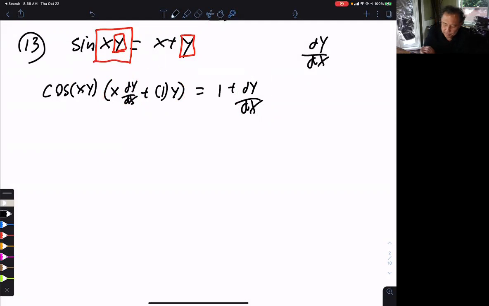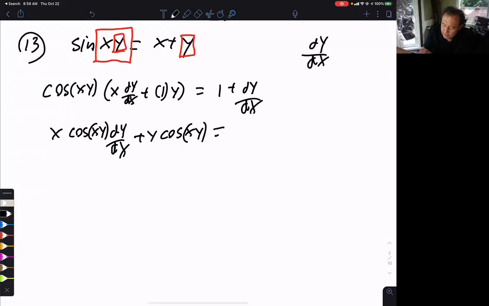You set it free by distributing. So we will distribute. We're going to get x cos xy dy dx. That comes from that. Now we're going to distribute these two, and that will get us plus y cos xy. On the right side, everything is fine. So I have a dy dx there.